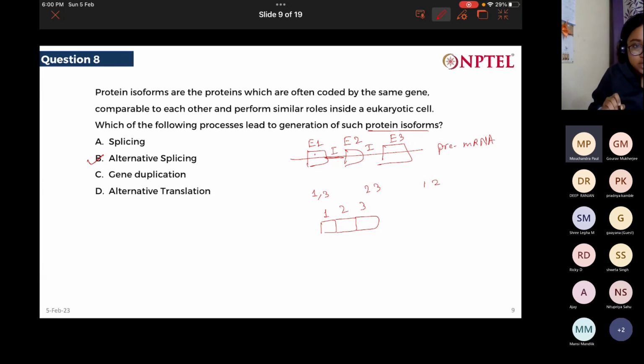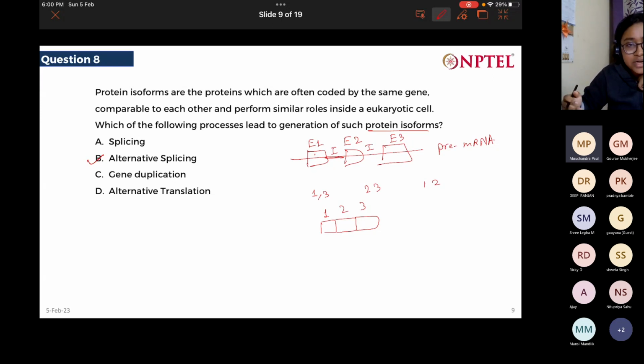So the correct option will be alternative splicing, which gives rise to different mature mRNAs which only vary in the sequence of exons that they have. But they all come from the same DNA sequence.